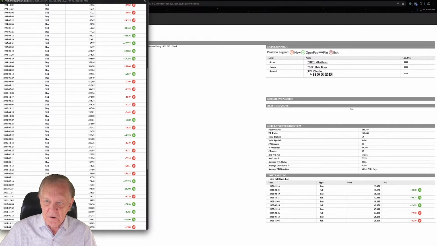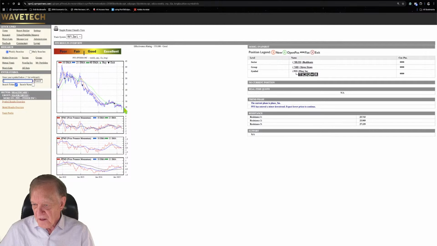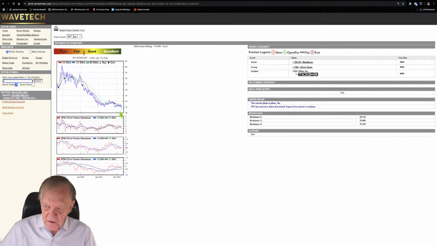We can also see all these stats, but what we want to see from this is the last trade was over here around 30. It's out of the trade right now, so it's looking like here there was structure. It looked like it was going to go up, and the pattern broke down.